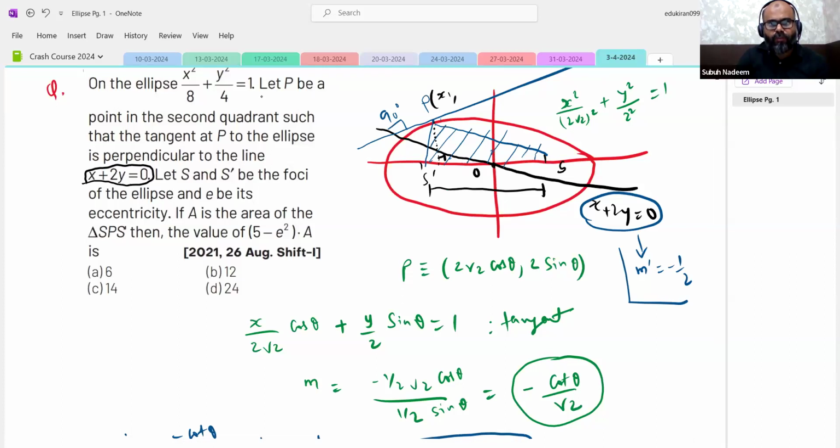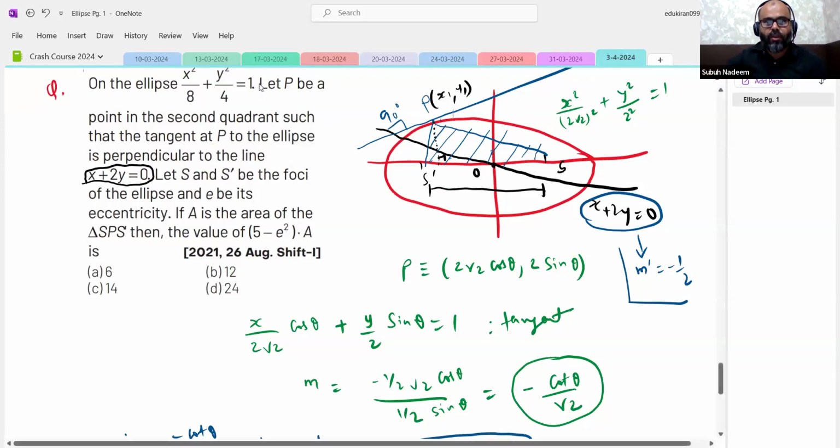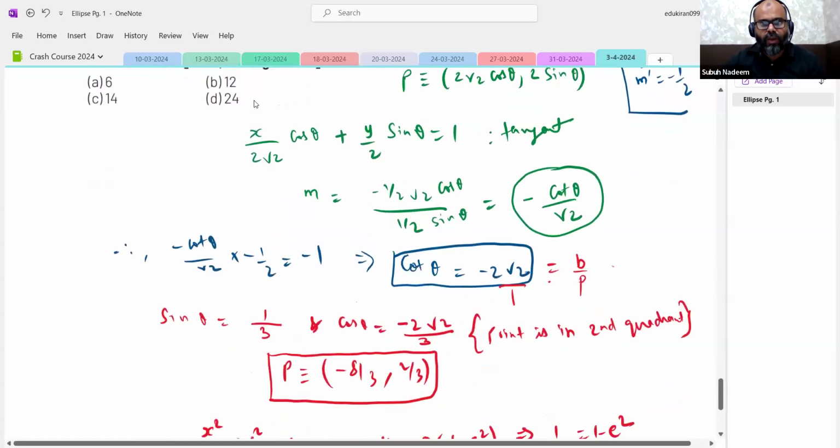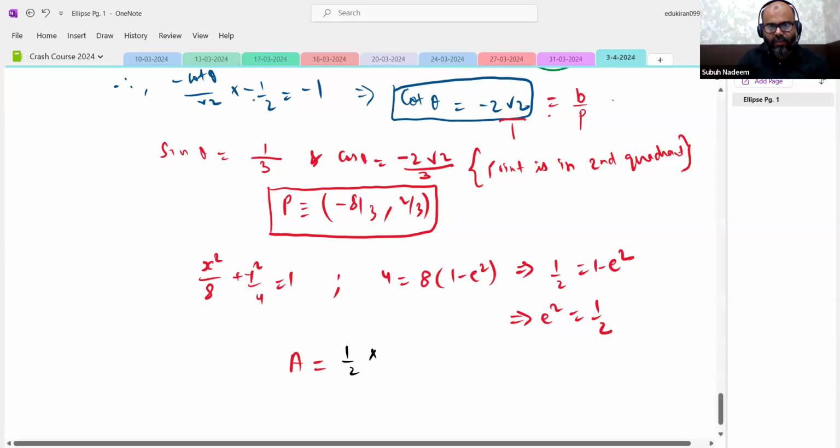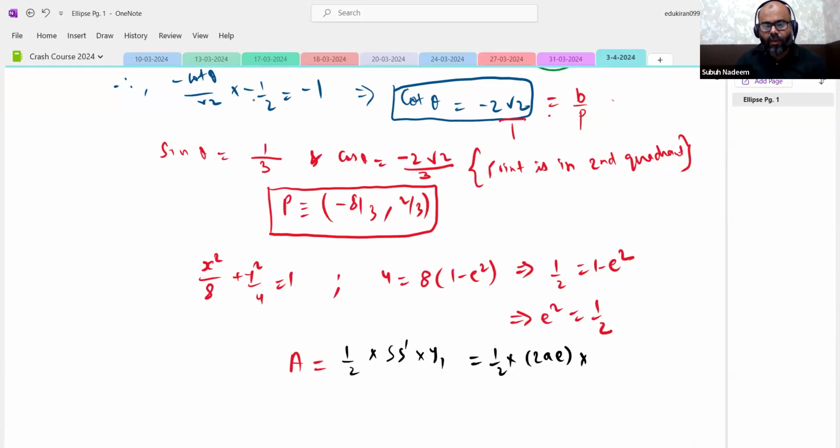So half into base into height. And what is SS dash? Half SS dash into y1. So half into 2AE, focus is AE, into y1. y1 is 2 by 3.